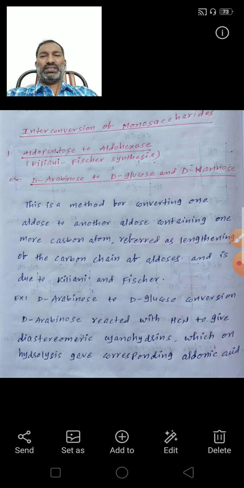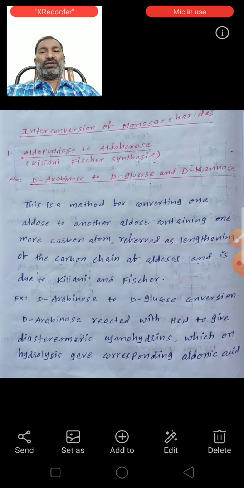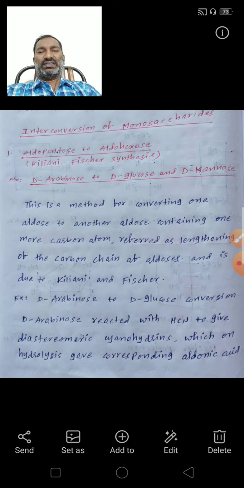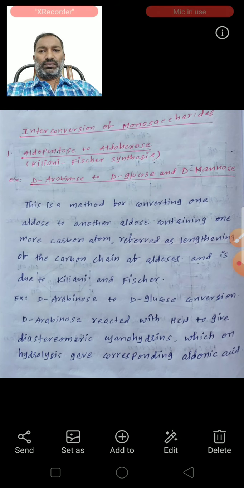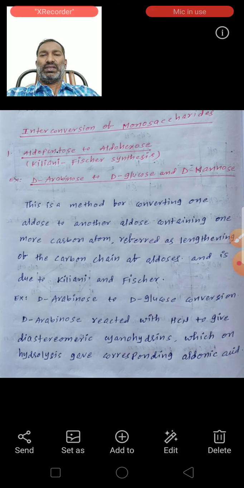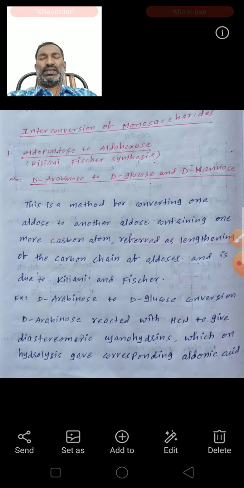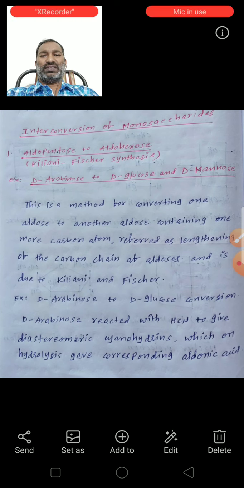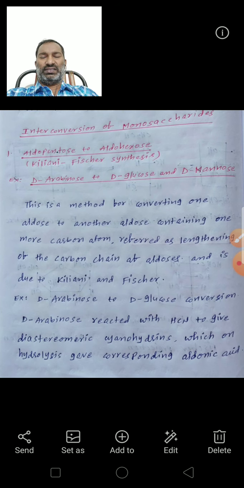Aldohexose contains an aldehyde functional group and is a 6 carbon atoms carbohydrate. So the 5 carbon aldopentose converts to the 6 carbon aldohexose. This conversion is known as the Kiliani-Fischer synthesis.